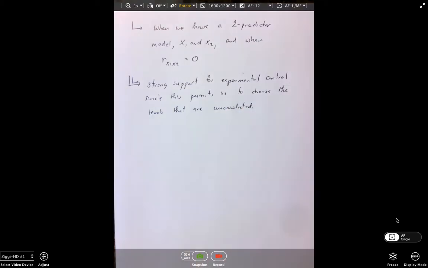I think that's a much clearer way to say that. Experimental control just means you've got control of your design.